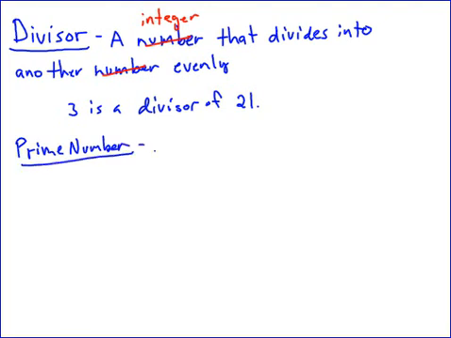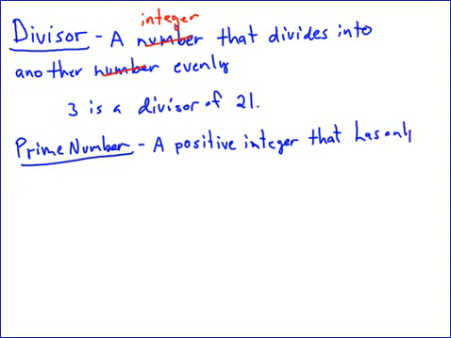We use this word divisor to define a prime number, and that is a positive integer that has only 1 and itself as positive divisors.